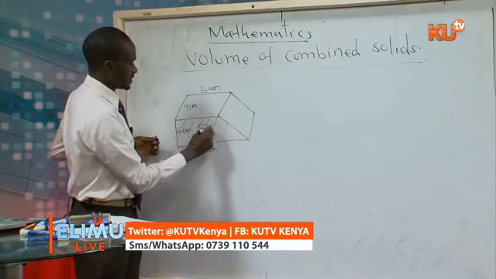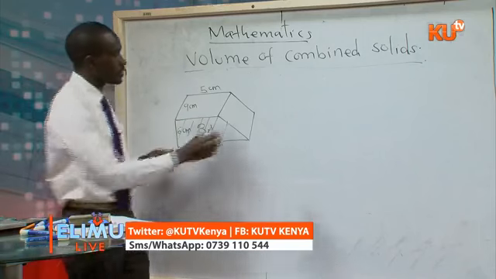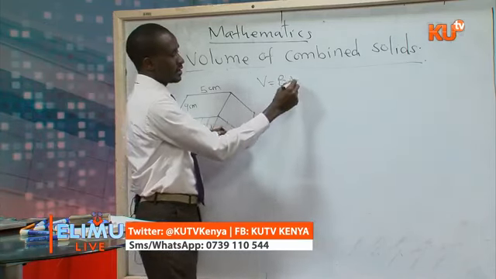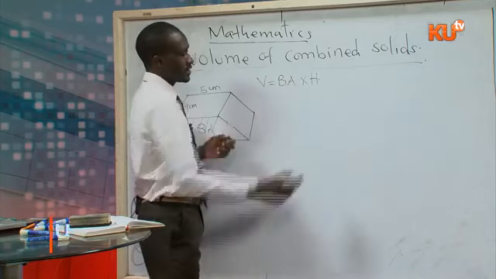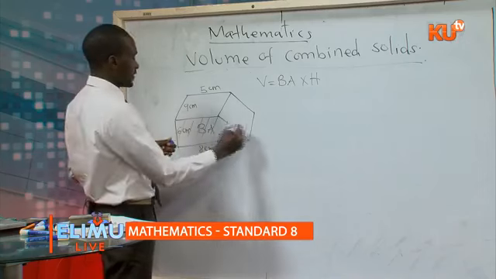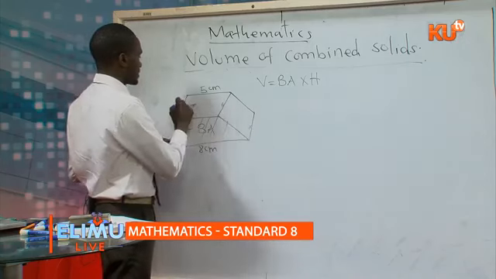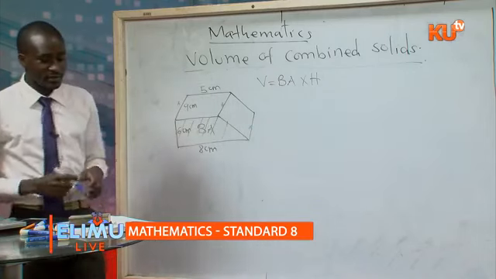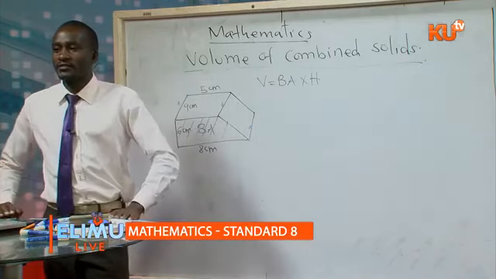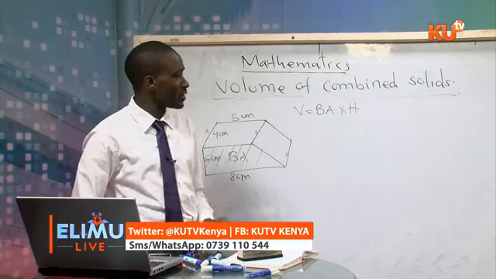This is what we use as base area. Then now when talking about volume, which is base area times height, now this time we are going to take the height to be this one and this one.